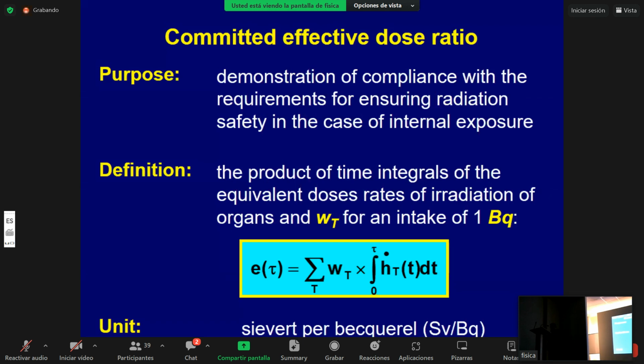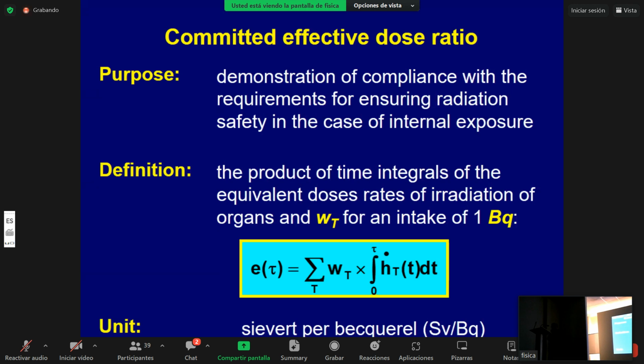The dose coefficient is equal to the expected effective dose of internal exposure due to the intake of 1 becquerel of radionuclide through inhalation or ingestion. The values of the dose coefficients are tabulated in the annexes to, for example, the Russian standard NRB 99-2006.